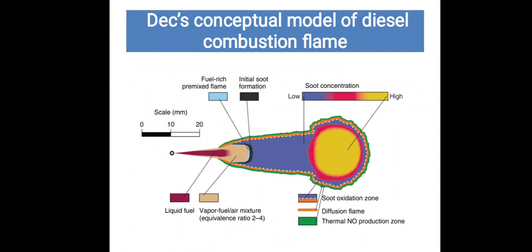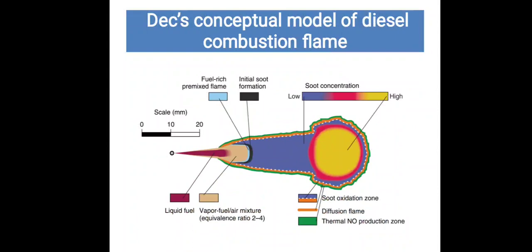Normally, in a modern CI engine that uses diesel fuel having moderate cetane number, high viscosity and low volatility, it is very difficult to prepare a well premixed air fuel mixture before the start of combustion. The combustion of the diesel engine is characterized by premixed and mixing controlled combustion process.